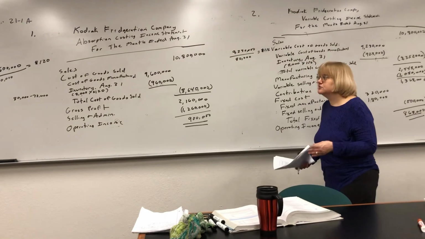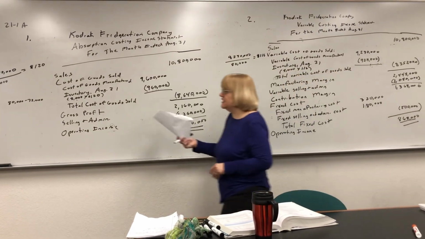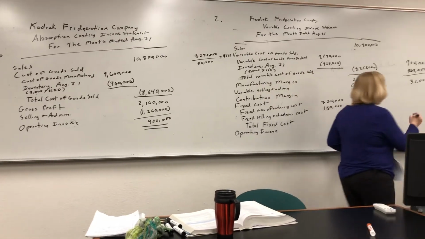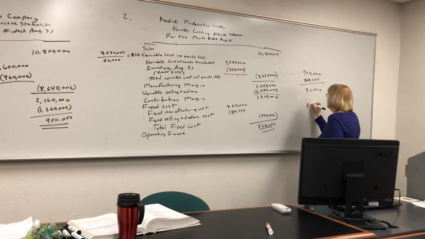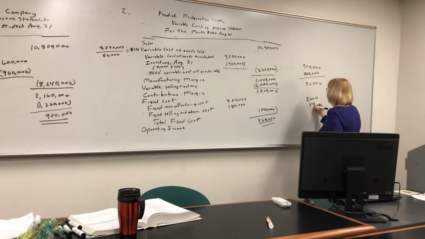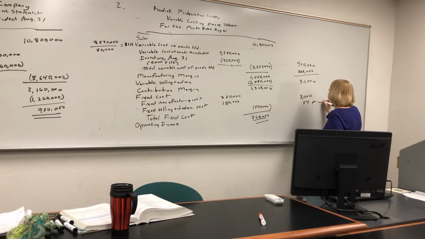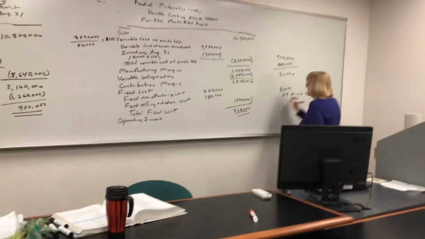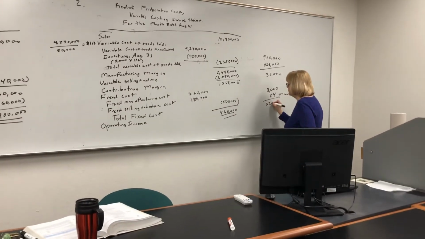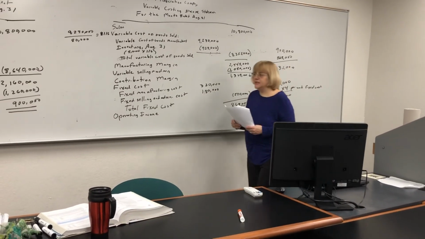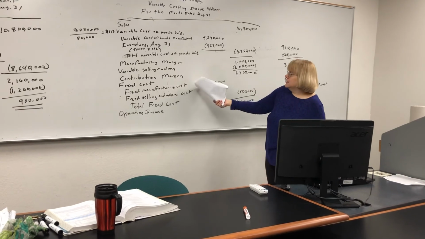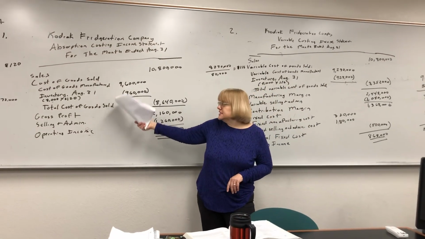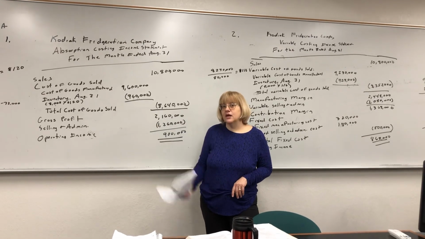So there's $4 of fixed cost that's in inventory here that's not here. Remember, we had 8,000 units in inventory times the $4 per unit fixed cost. That takes us back to that $32,000 difference. So what happened is, here all the fixed costs came out. Here, that $32,000 is still in this inventory, and it'll come out when we sell it.